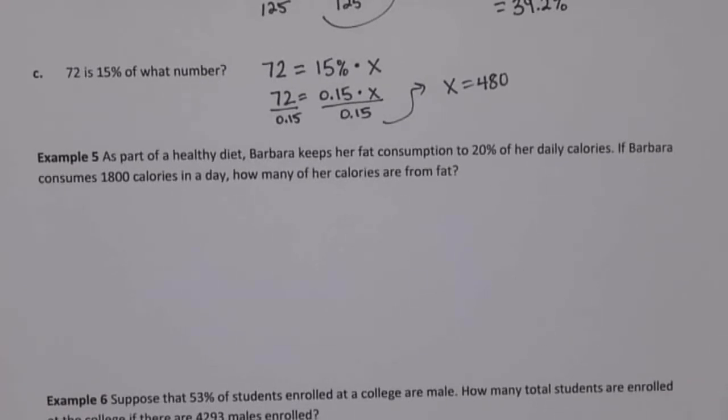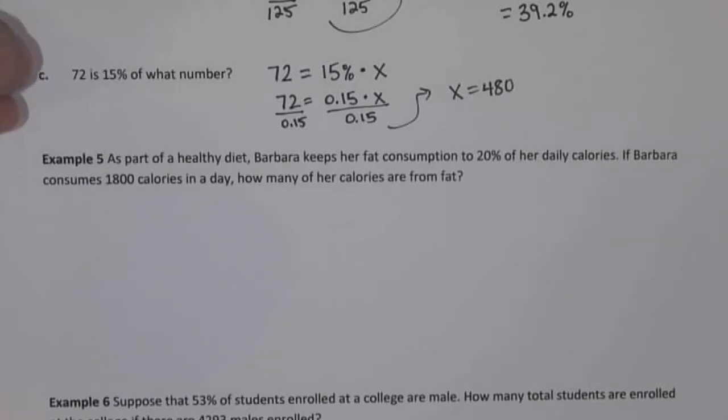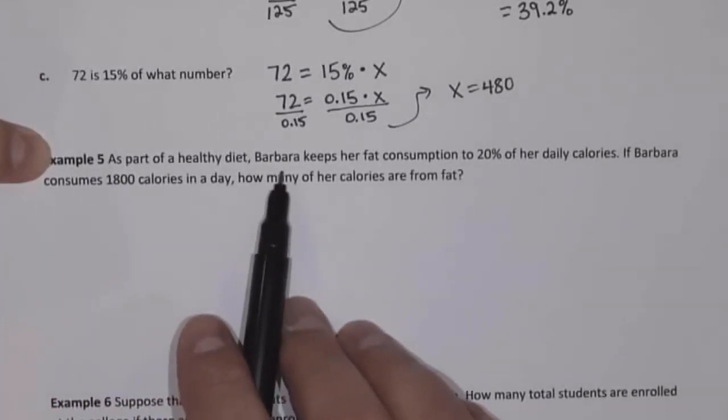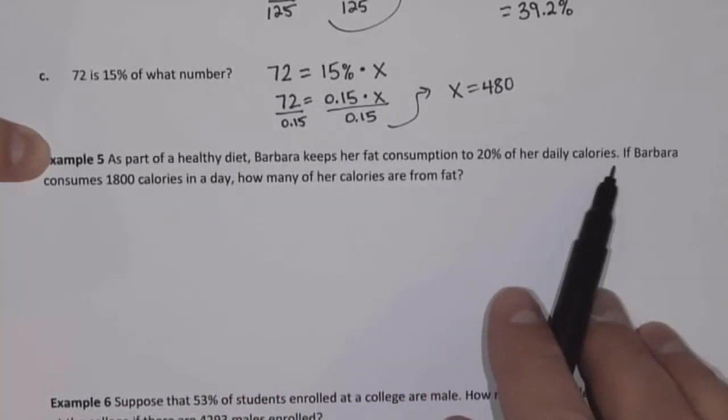In example 5 and example 6, we have a couple of applications of percents. We can solve those by using our percent equation. So example 5. As part of a healthy diet, Barbara keeps her fat consumption to 20% of her daily calories.